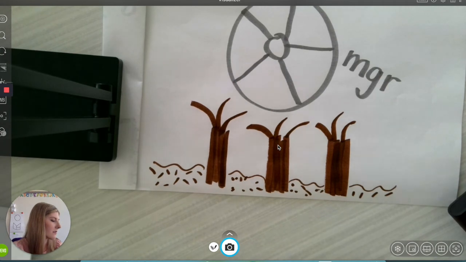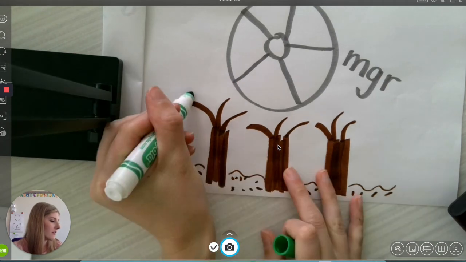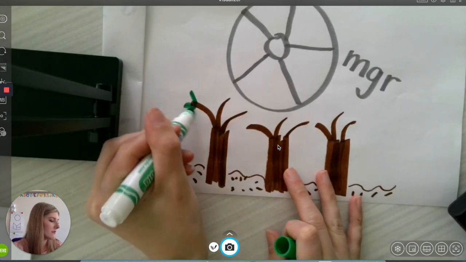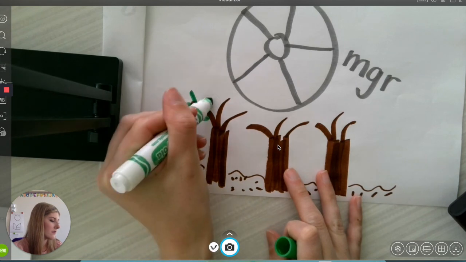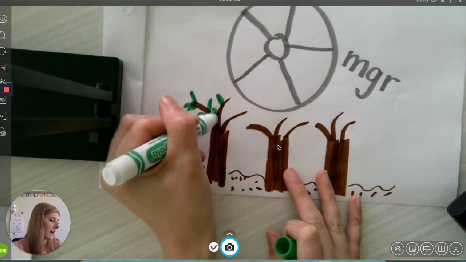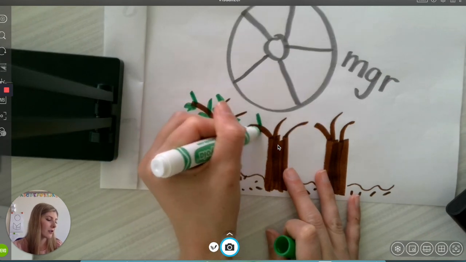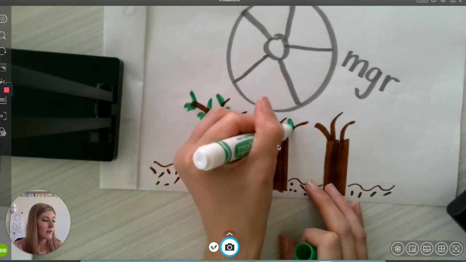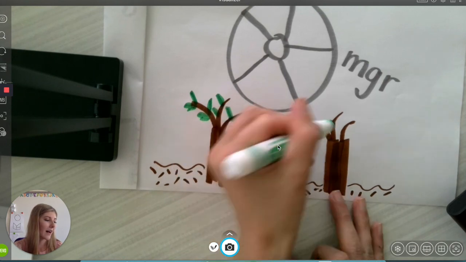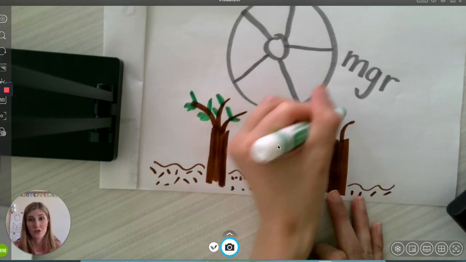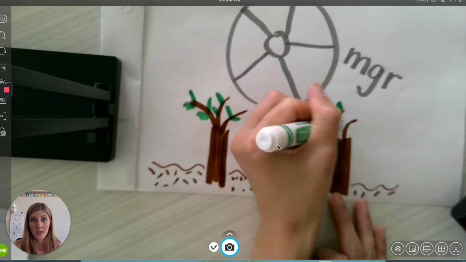There are little leaves that go along these branches. And like I've taught you before, I can work to add to my pictures. I can work to add to my words.